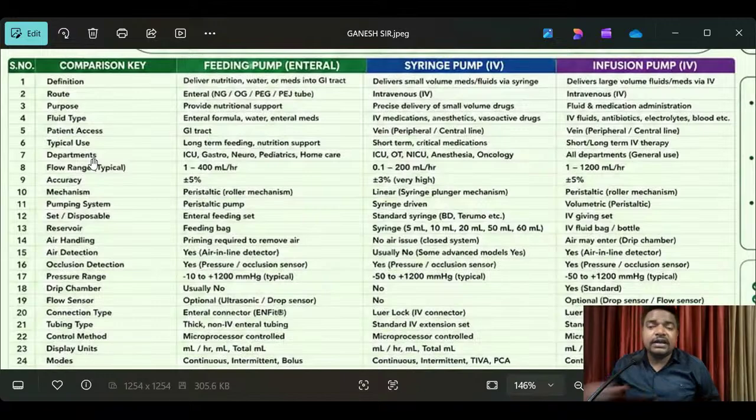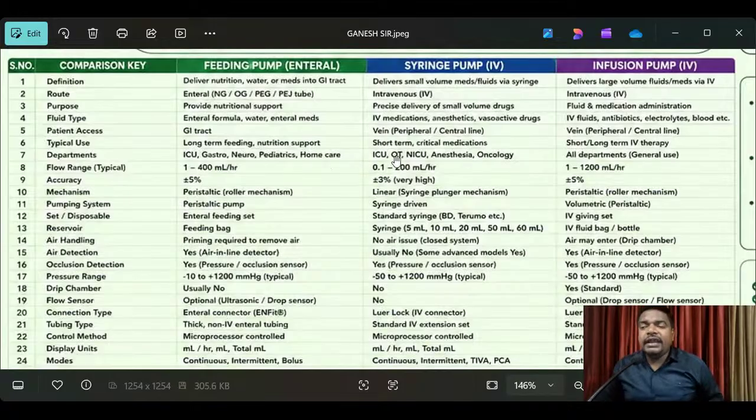That is why we give it first priority. Now the seventh point, comparison key, departments, between the feeding pump, syringe pump and infusion pump. For the feeding pump: ICU, gastro, neuro, pediatric, home care. We can use the feeding pump in all these areas.